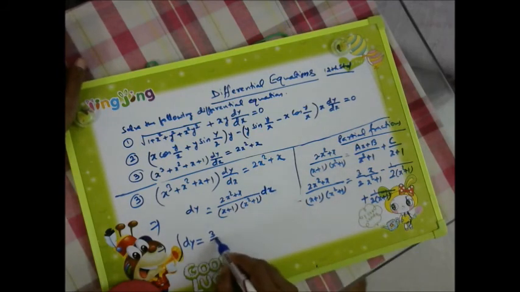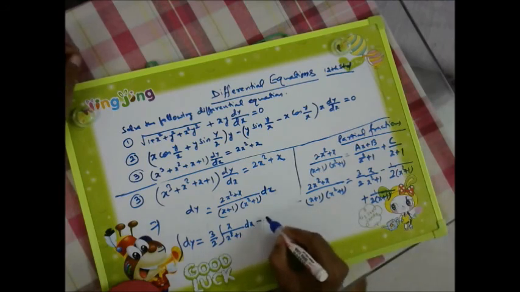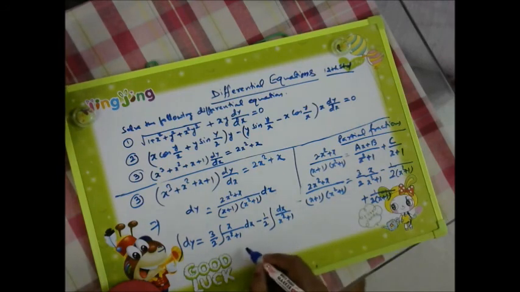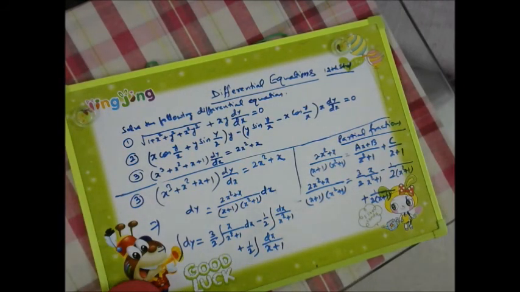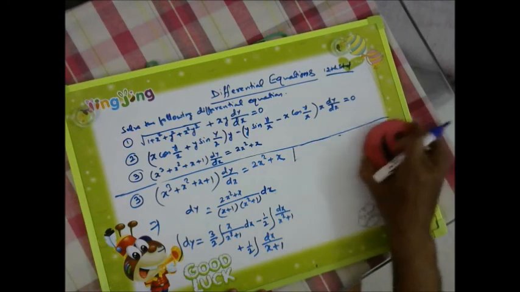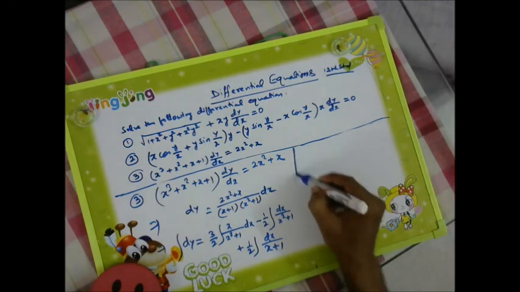So 3 by 2 integration of x by x square plus 1 dx, then minus 1 by 2 integration of dx by x square plus 1, then plus 1 by 2 dx by x plus 1. Okay, so now this has become our equation after solving. Further, it is not solved till now. We need to solve it more.